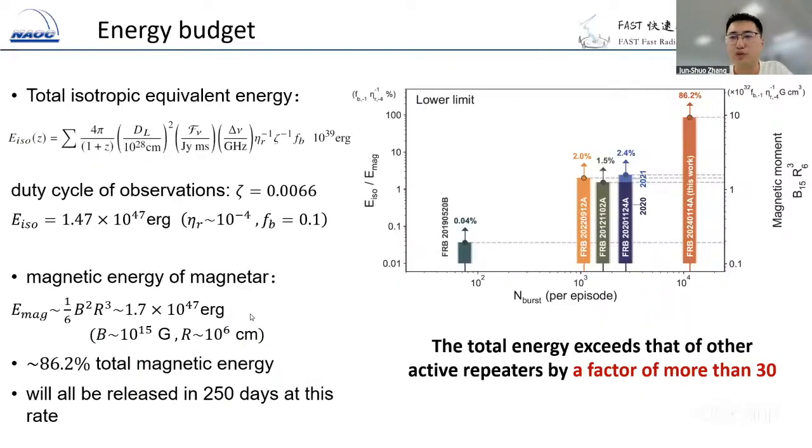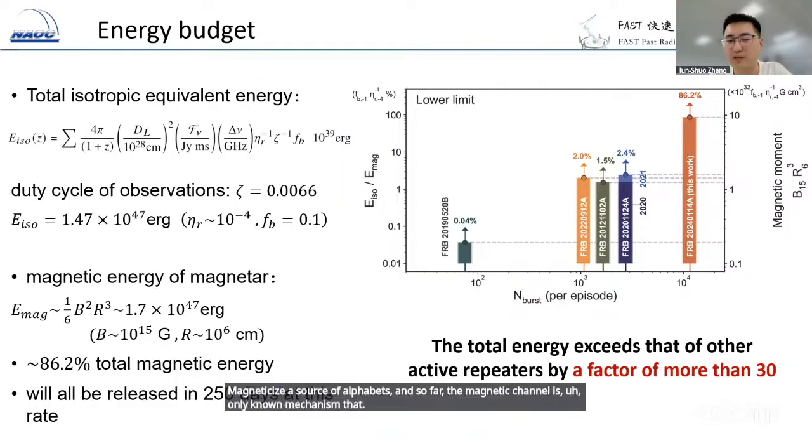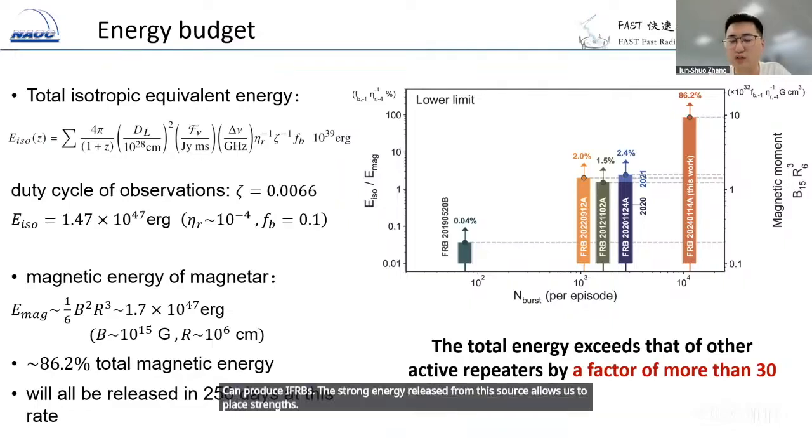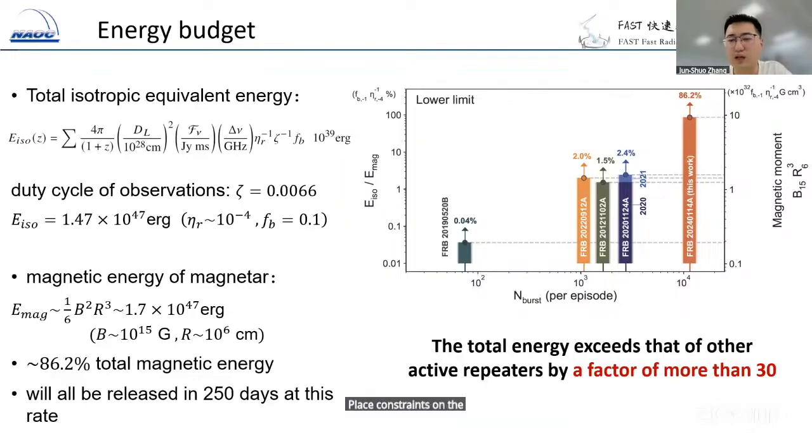As Jerry Xu has just mentioned, observations have shown that magnetars are a source of FRBs, and so far the magnetar channel is the only known mechanism that can produce FRBs. The strong energy release from this source allows us to place constraints on the magnetar as the central engine behind these bursts.